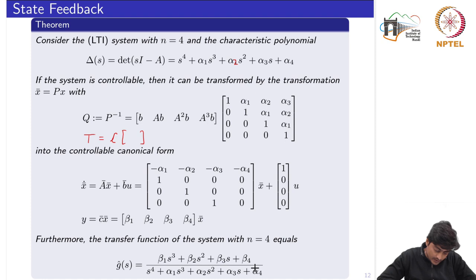We won't see the proof of this theorem, because we have already discussed it during the tutorial. First of all, we need to show that this Q or P matrix is non-singular, and it would definitely transform into this controllable canonical form, which we had seen many times earlier.